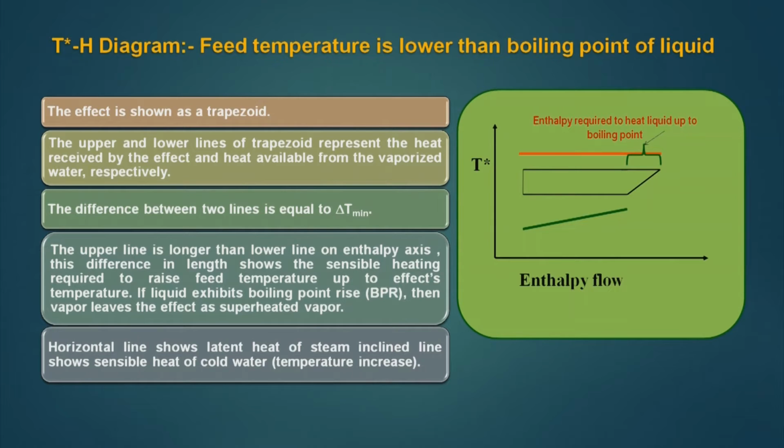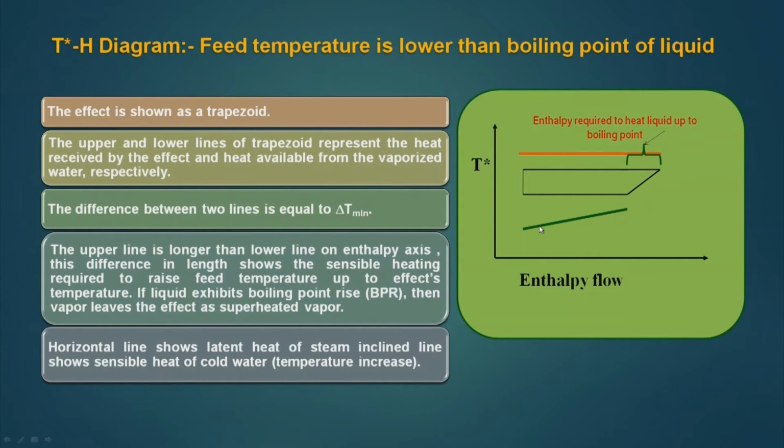So, live steam temperature is the maximum temperature of the evaporator network, and the vapor that comes out from the last effect of the evaporator has to be cooled down by cooling water. So, cooling water shows you the lowest temperature level in an evaporation system.